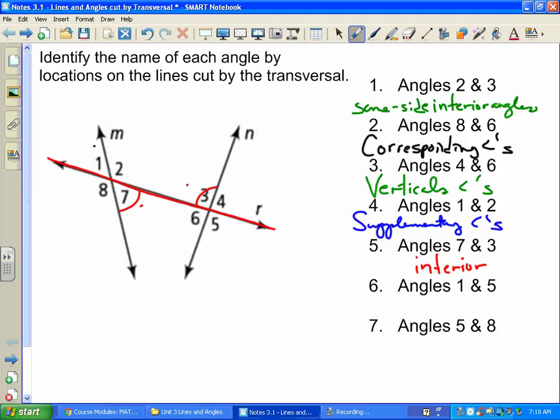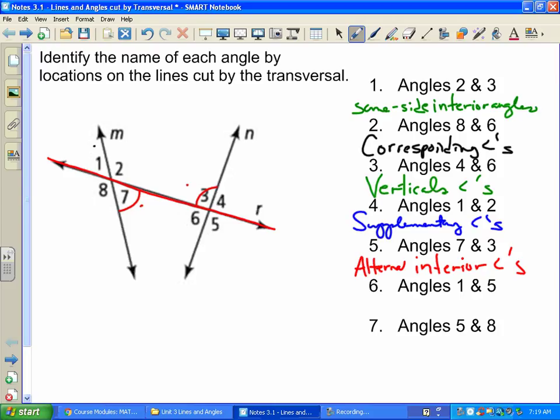So since they're on opposite sides, you'd think they'd call it opposite interiors, but they don't. They call it alternate interior angles. Wait a minute, I didn't spell that correctly. Let me try that again.